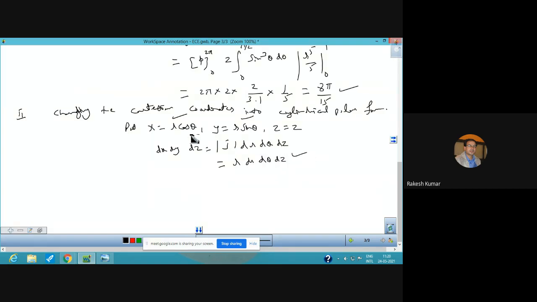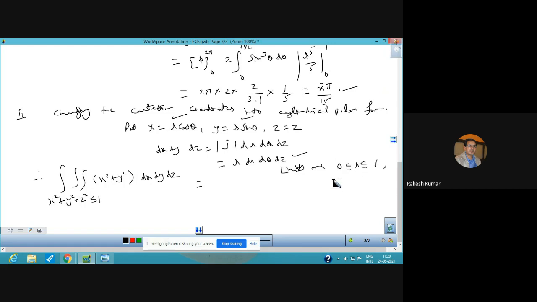This is the value of the Jacobian in case of cylindrical polar. Now you can put the value. So x square plus y square dx dy dz within the sphere. Within the sphere means that is less than or equal to 1. One more thing is the limits of integration. Limits are, your r will vary from 0 to radius.